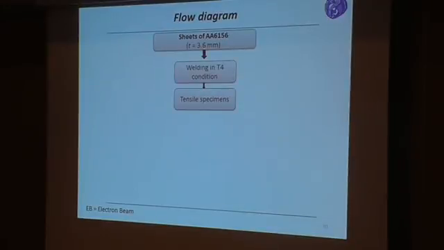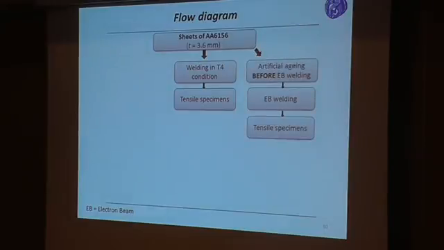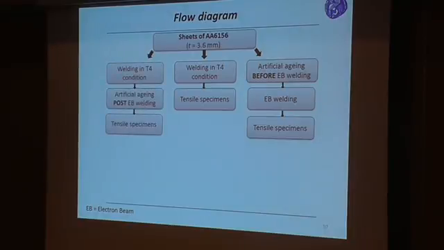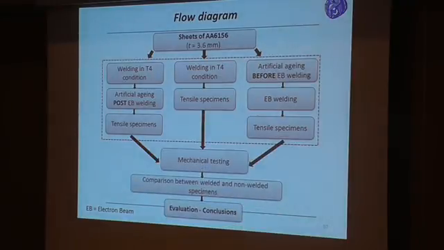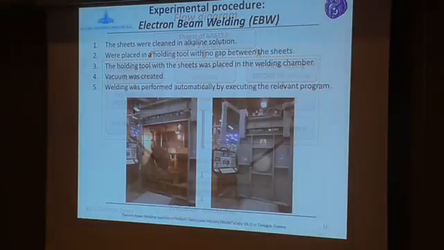The first case, we weld under T4 condition. Other 6 were artificially aged before welding, and the remaining 6 were artificially aged post to the weld. Then we did the mechanical tests, and the results were compared.